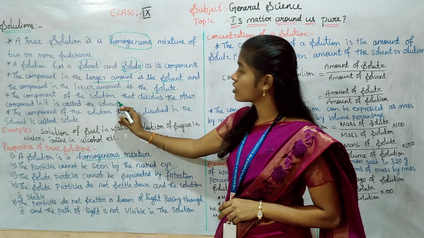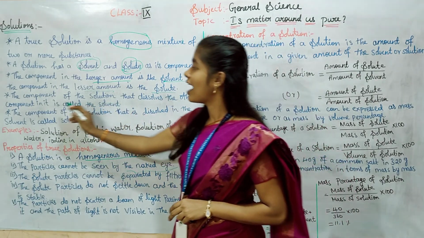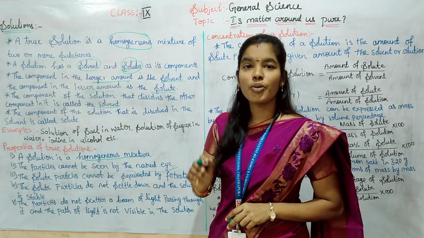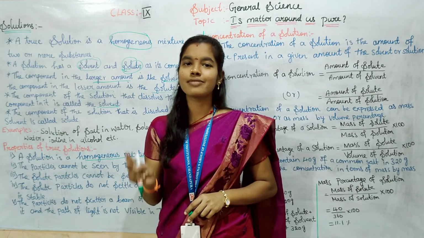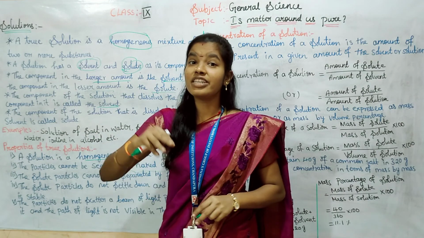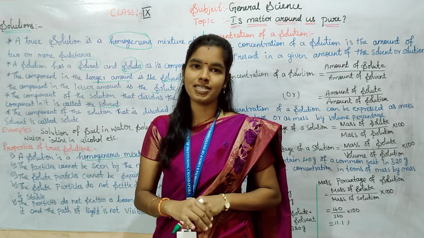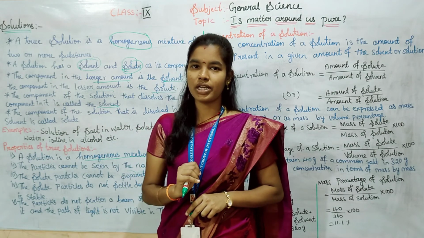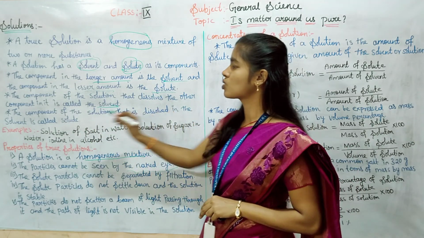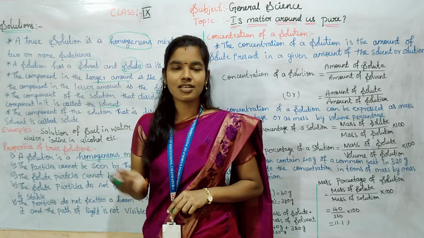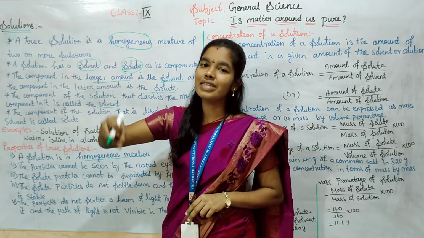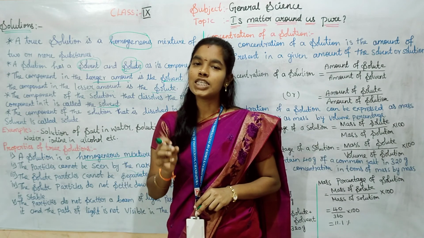The component of the solution that dissolves the other component in it is called the solvent. And the component of the solution that is dissolved in the solvent is the solute.